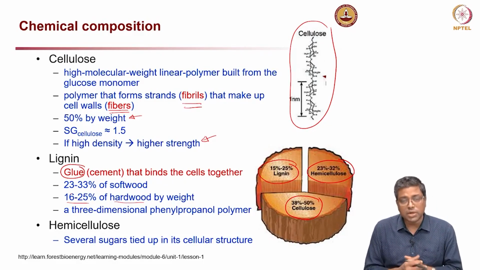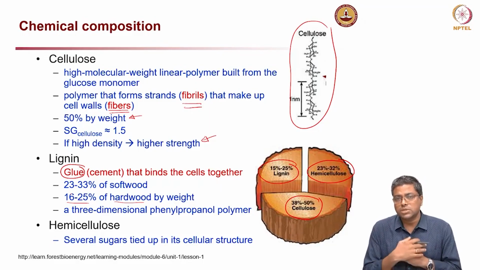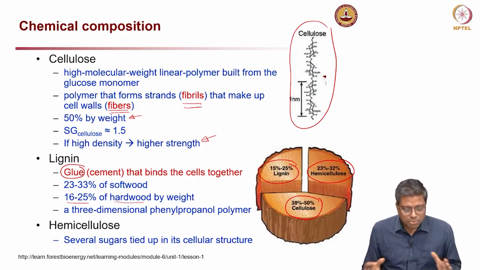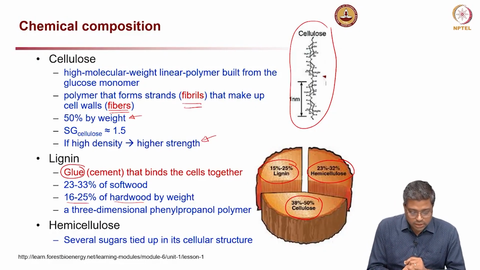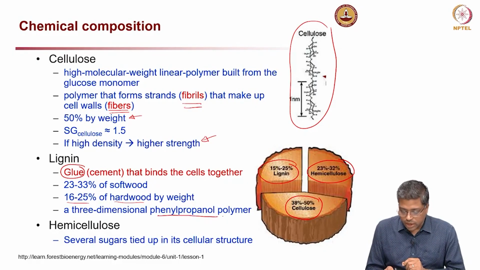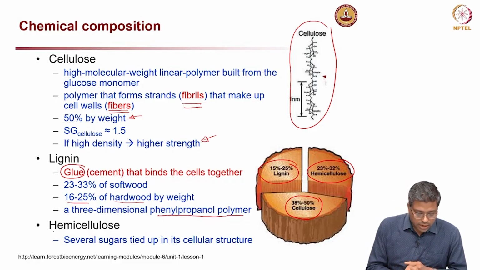I am not expecting you to memorize these numbers, because they will vary from wood to wood, but just to have a ballpark idea about the composition. Lignin is a 3-dimensional phenyl propanol polymer. Anyway, this is the general idea only.